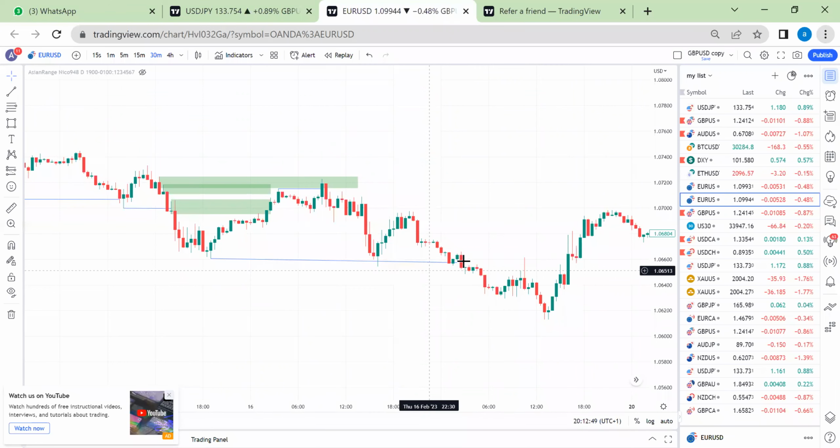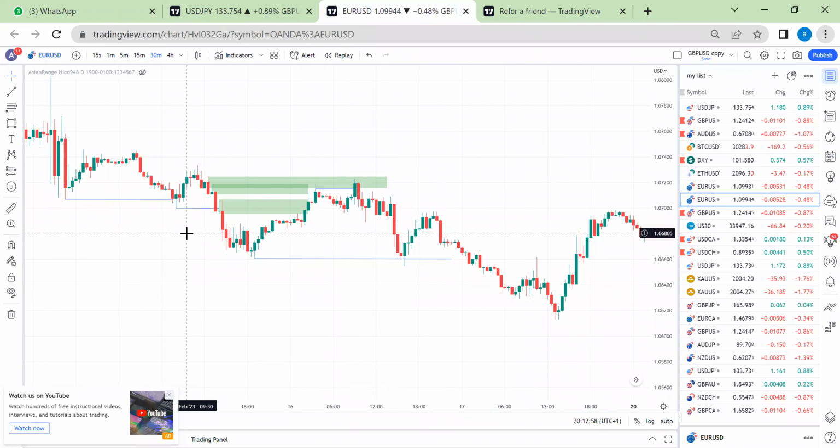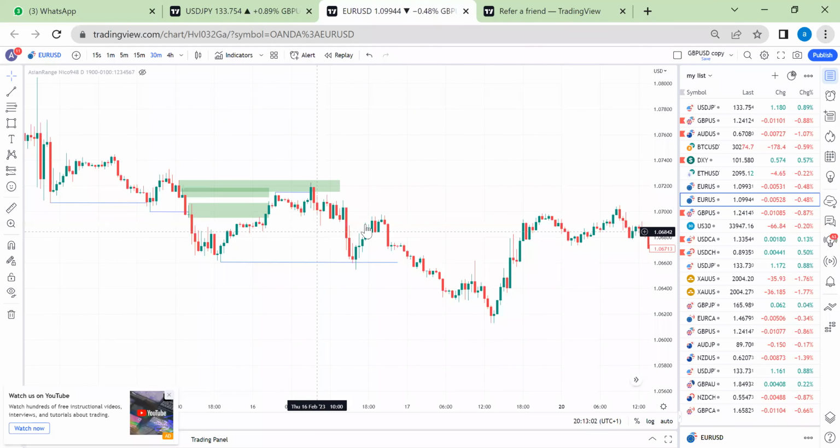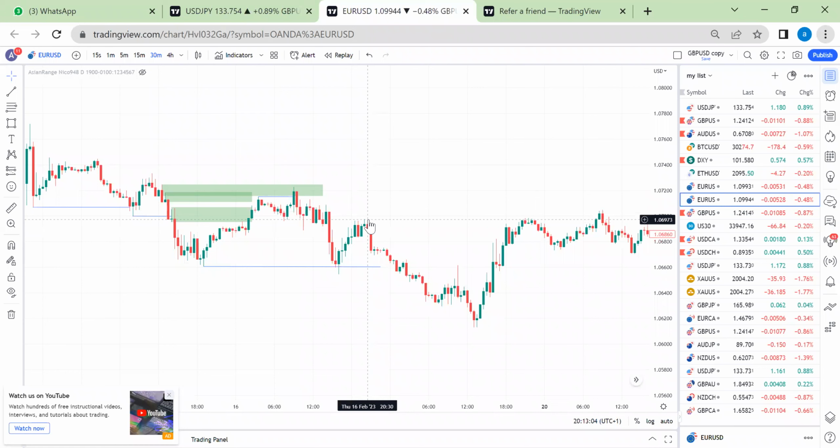So that's some sort of liquidity also. We have another liquidity just right here, and that's like equal high liquidity right here.